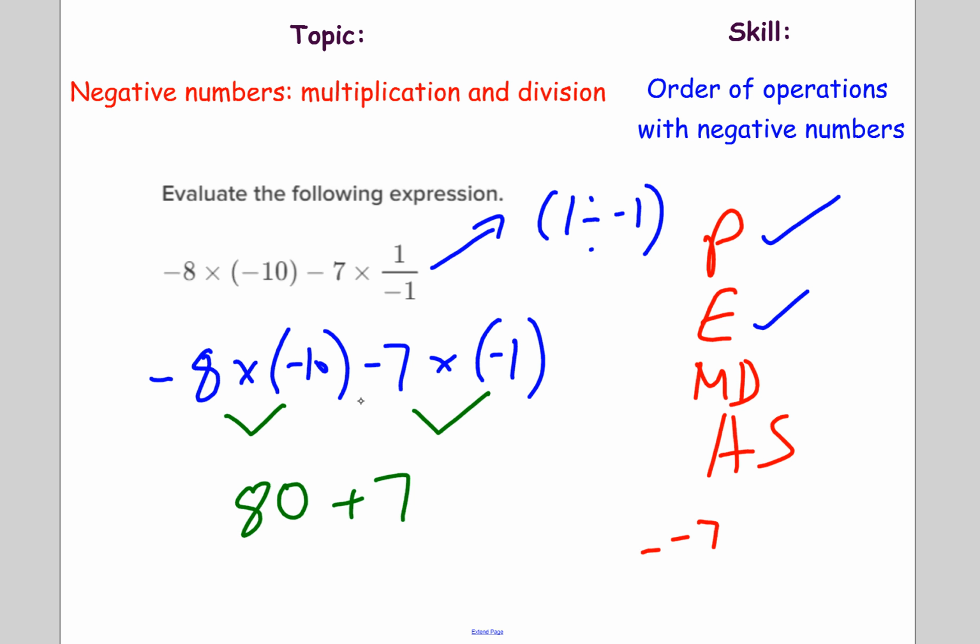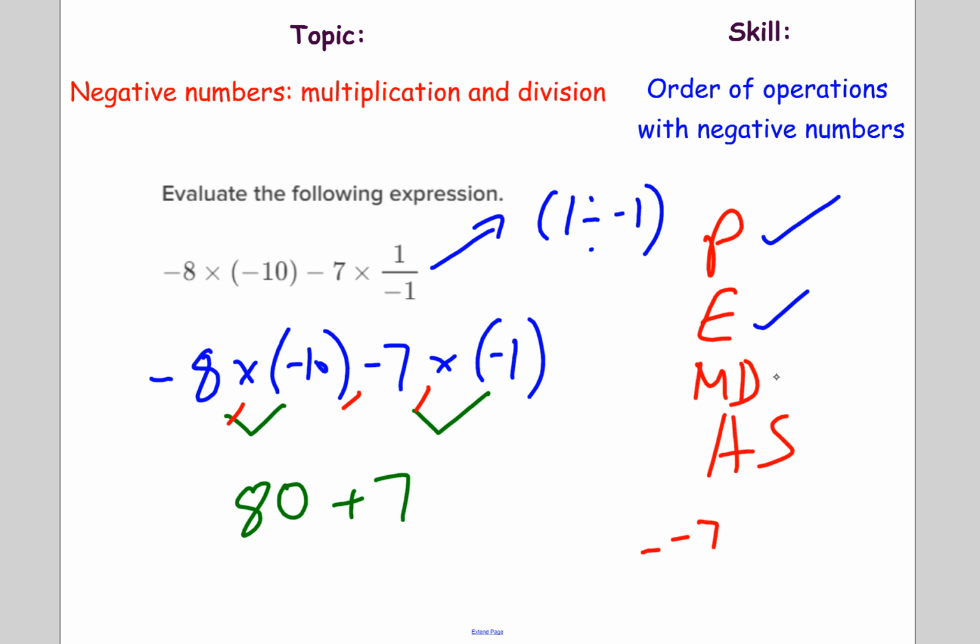So I just like to think of this, remember we've been using the commas to separate our terms. If you think of it that way as negative 7 and negative 1, you're going to get positive 7. If you think of it as just 7 times negative 1, you're going to end up here with minus negative 7, which is positive 7, or plus 7.